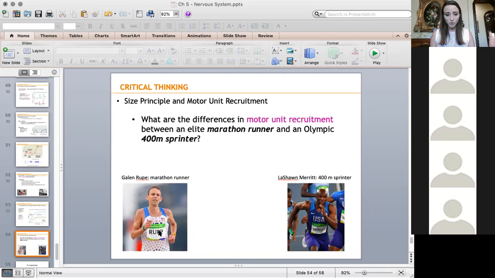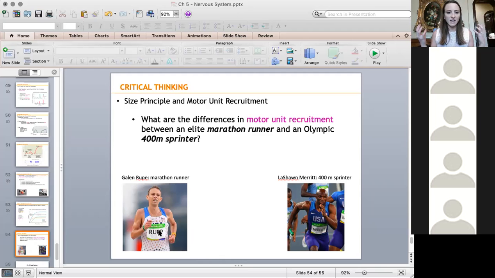In that example, you probably said something about aerobic exercise, how it uses type 1 fibers and goes through asynchronous recruitment, versus the sprinter. Did I say that right? The marathon runner, type 1; the sprinter, type 2, which goes through synchronous recruitment.